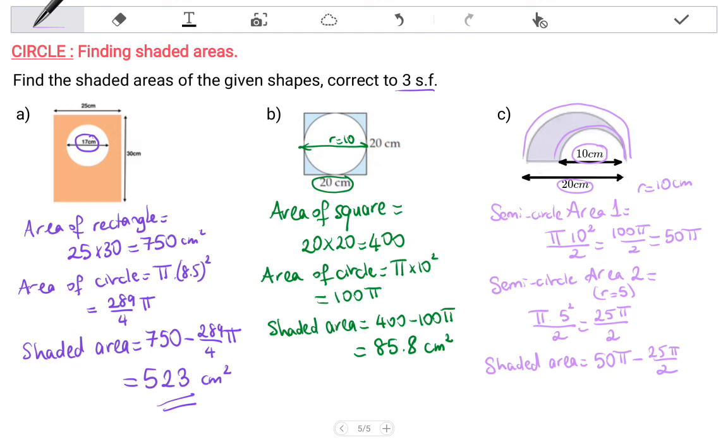So whenever you write down on your calculator 50 pi minus 25 pi over 2, you will have an equal sign, and 75 over 2 pi, and convert it into a decimal number by the SD button, and you will have a long value. Do approximation correct to 3 significant figures. It is 118 centimeters square.